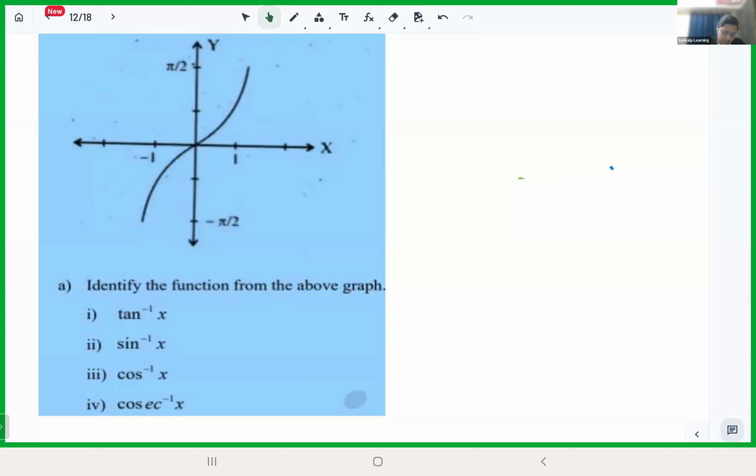So which one will be the function given in the graph? It is nothing but sine inverse, right? We know the function sine inverse of x is defined from the closed interval -1 to 1 to the closed interval minus pi by 2 comma pi by 2.